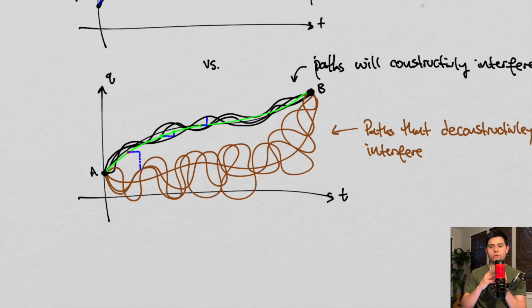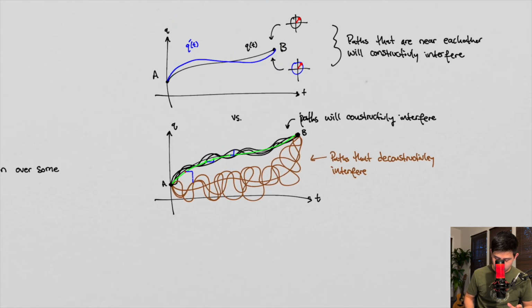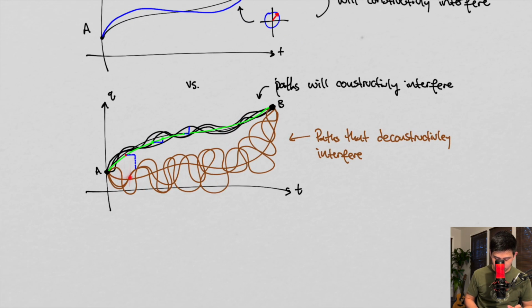So this is how we transition from quantum to classical. However, if the paths are far away from each other, or far away from the path that was not perturbed, then these paths will destructively interfere, and those are the paths that are less likely to occur.